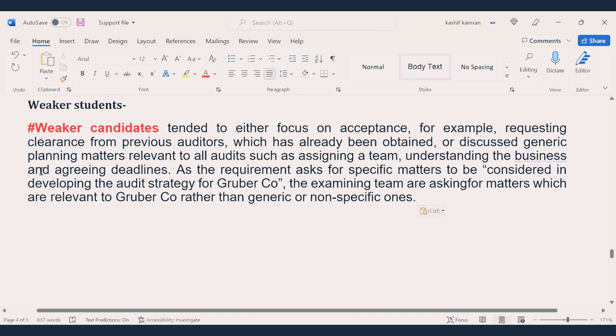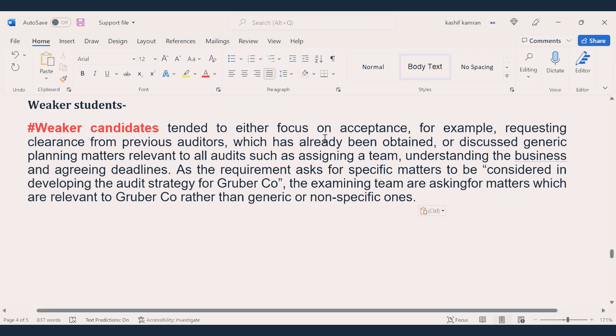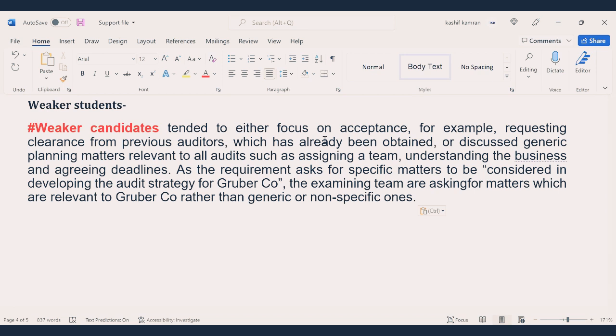Weaker candidates tended to either focus on acceptance, for example, requesting clearance from previous auditor, when the examiner was telling you we have already accepted Grubber. That means we have already taken clearance from the previous auditor. So, for example, requesting clearance from previous auditor, which has already been obtained, or discuss generic planning methods such as assigning a team, understanding the business, and agreeing the deadlines.